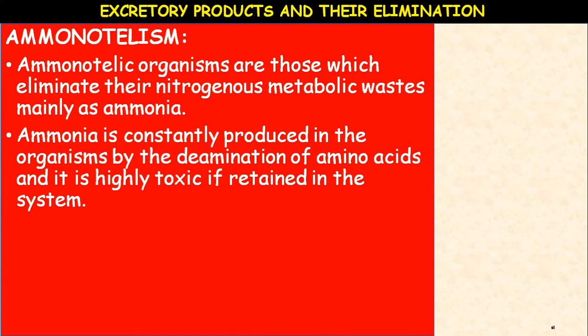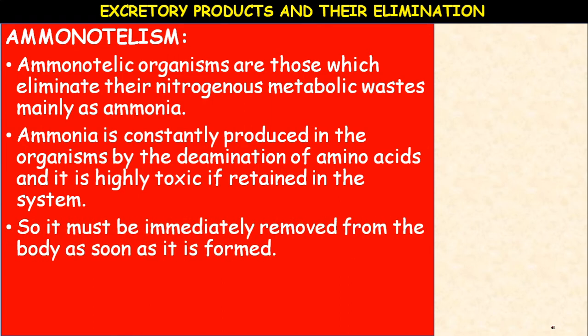Ammonia is constantly produced in the organisms by the deamination of amino acids, and it is very highly toxic if retained in the body. So it must be immediately removed from the body as soon as it is formed.